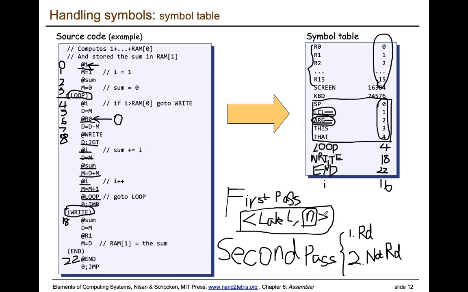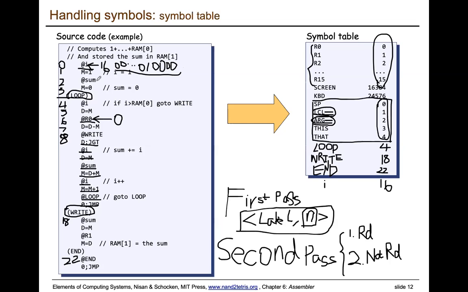Similar to the first pass, I will insert this new entry into the symbol table. Now I is replaced by 16. Then I can convert it to 10000, and put it into 16 bits, putting multiple zeros before that. This will be the 16-bit representation.